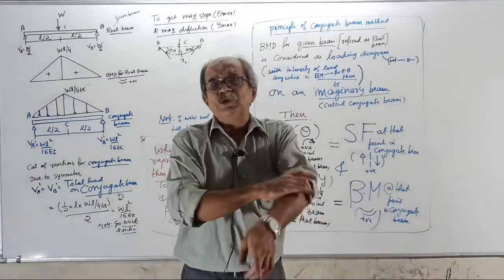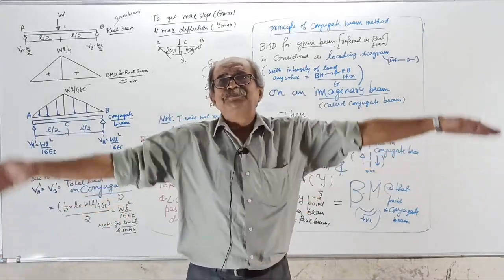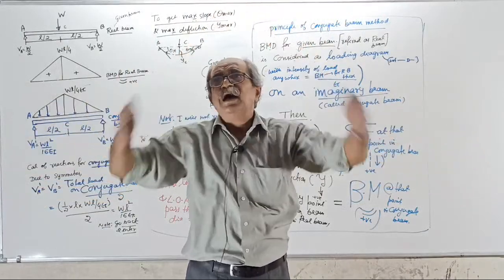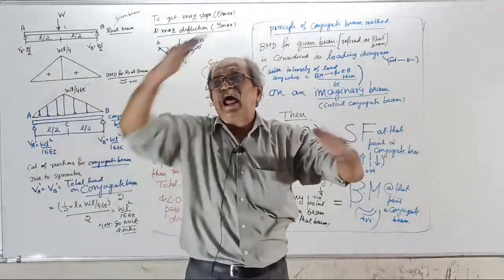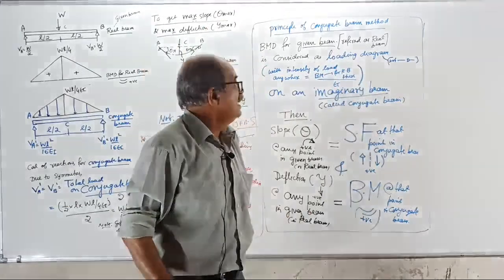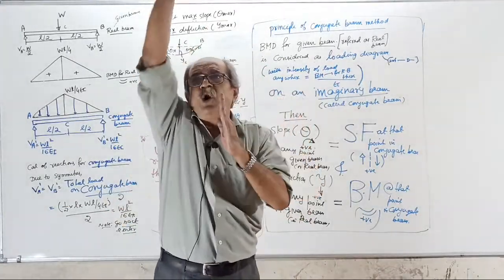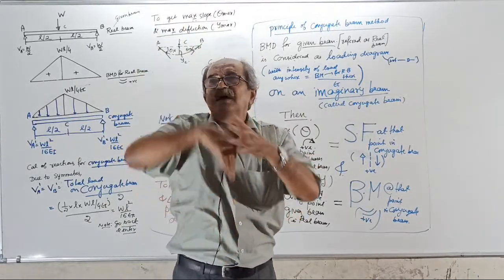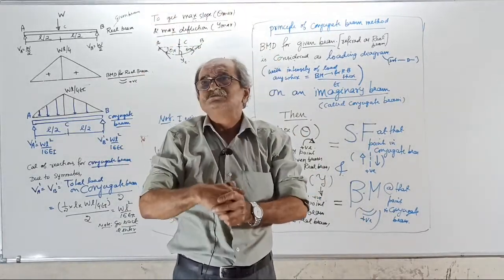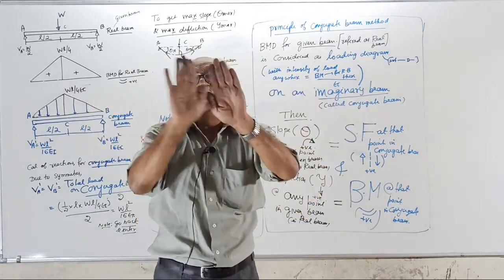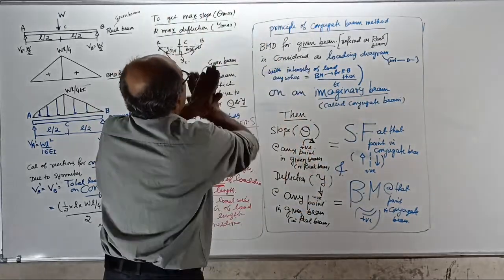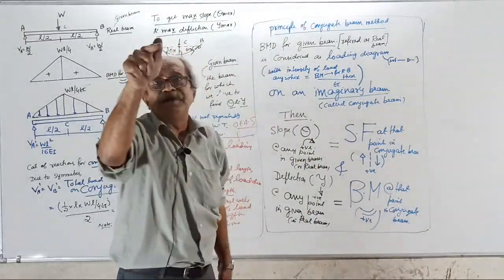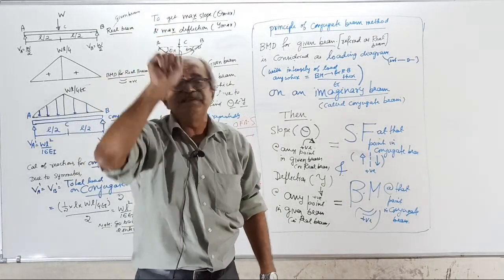You write 100 times: if there is a loading diagram, either rectangle or triangle, any shape, and you want the total load for any length, see what is the area of that load diagram for that length.